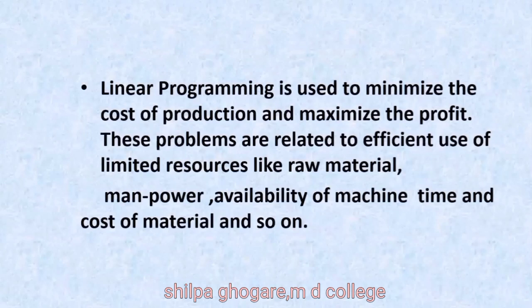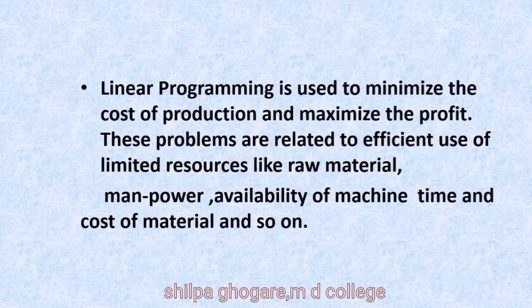You can say linear programming is used to minimize the cost of production and maximize the profit. It depends on the problem, whether you have a cost problem or a profit problem. Accordingly, the minimization or maximization is decided. These problems are related to efficient use of limited resources like raw material, manpower, availability of machine time, and cost of material, and so on.